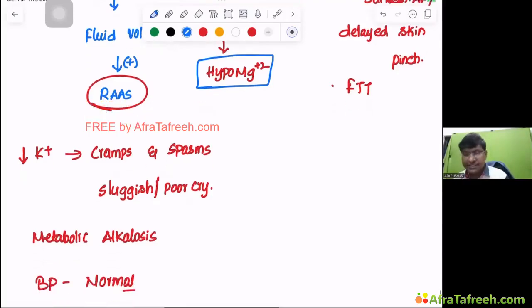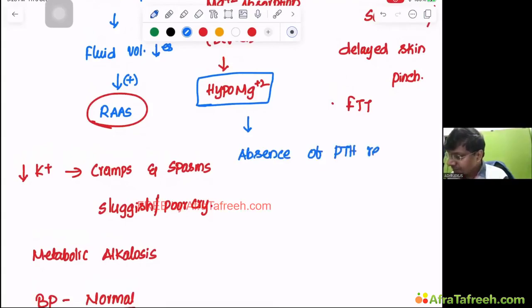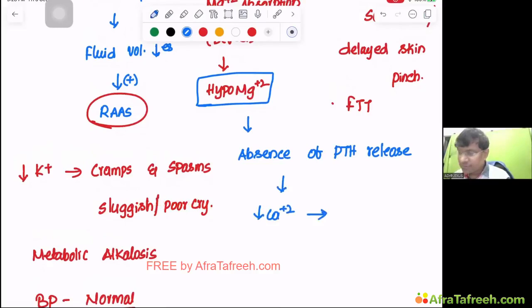Whenever there is hypomagnesemia, please remember there is absence of parathormone release. And once there is absence of parathormone release, what will happen to calcium levels? Reduced. And that will result in tetany.